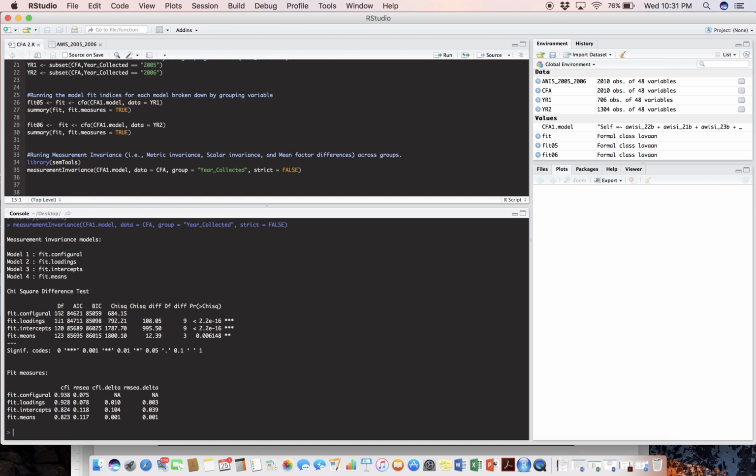All right. Now, what are these invariance measures good for? In the context of a CFA, one of the things that allows us to do is determine different types of change. So, for example, we administer a questionnaire at time 1, and then we administer a questionnaire at time 2.